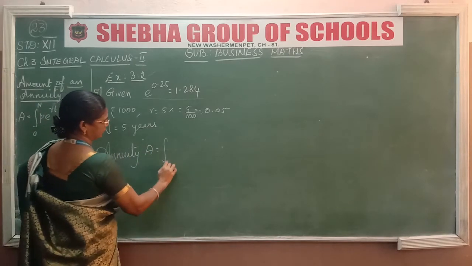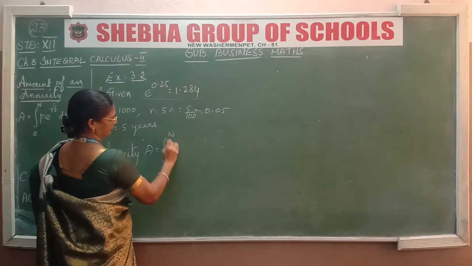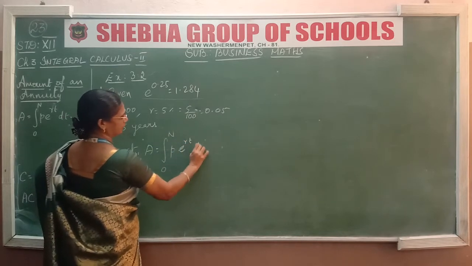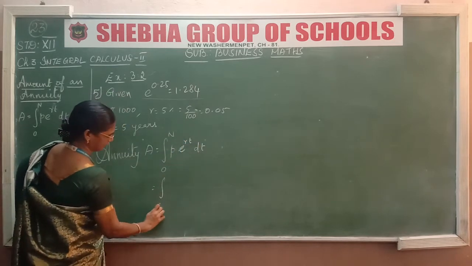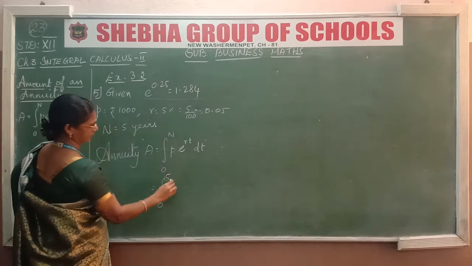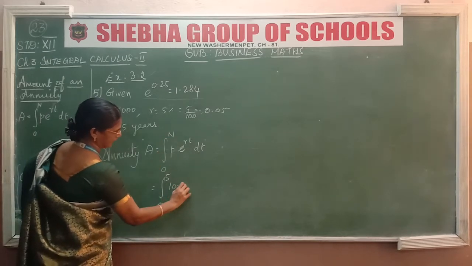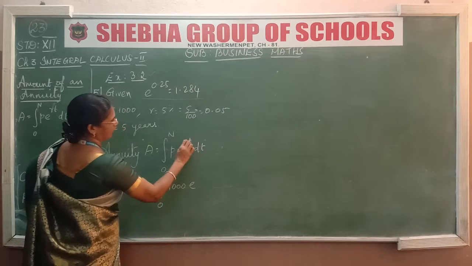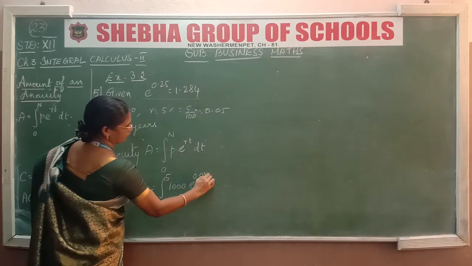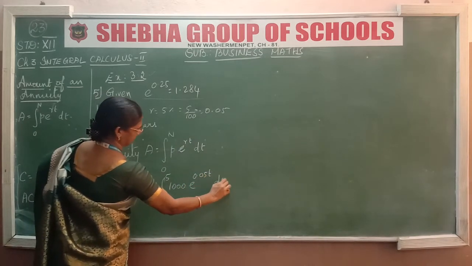Annuity A equals integral 0 to n P into e power RT into dt, which equals integral 0 to 5, n is 5 and P is 1000, and e power 0.05 into t dt.